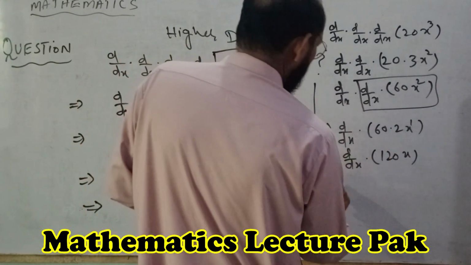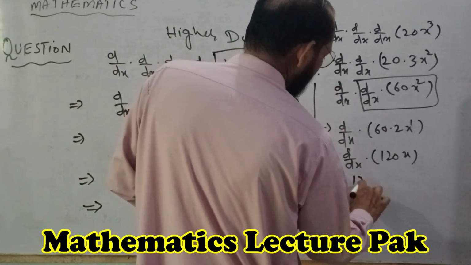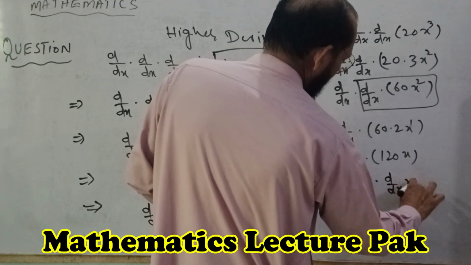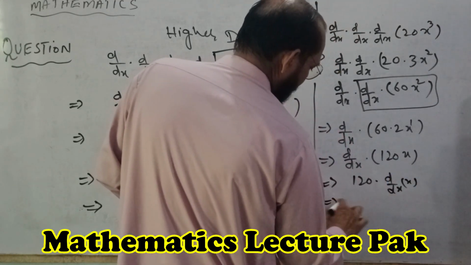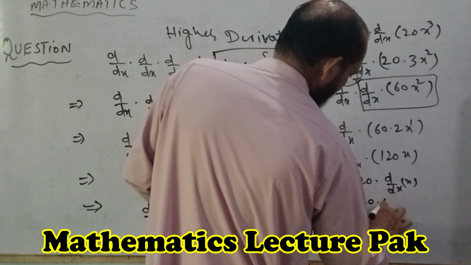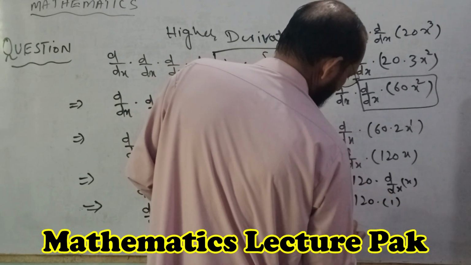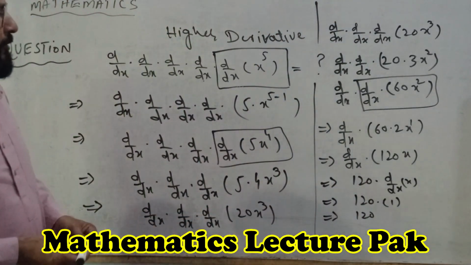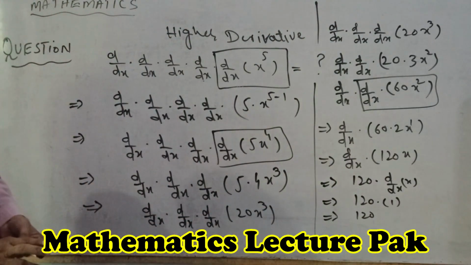You know that 120 is the constant, we can write as first and same d over dx. d over dx of x is equal to 1, okay, 120. 120 is the final result of this question, okay.